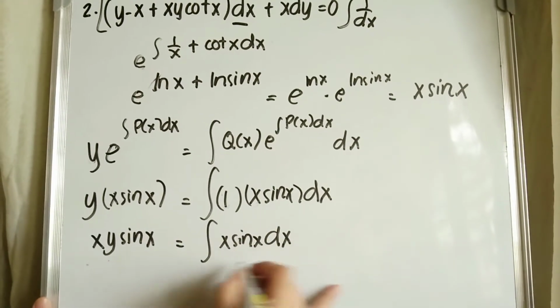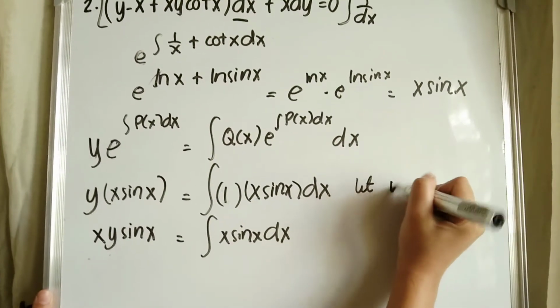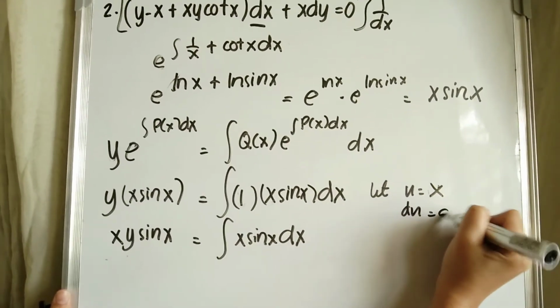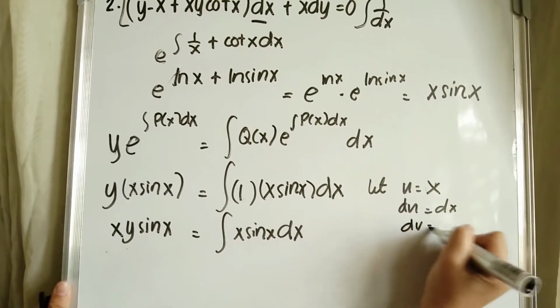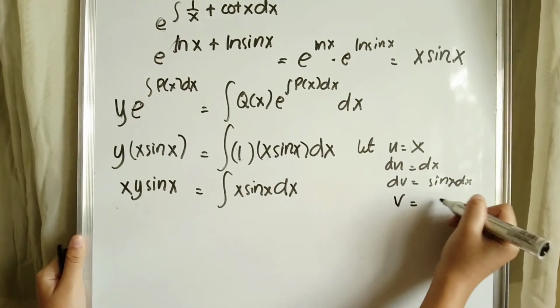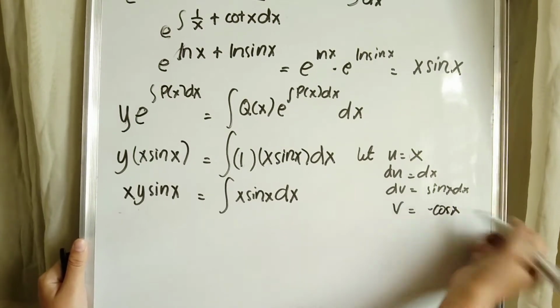And then proceed to integration by parts. We will let u is equal to x, du is equal to dx, dv is equal to sine x dx, and then v is equal to negative cos x.